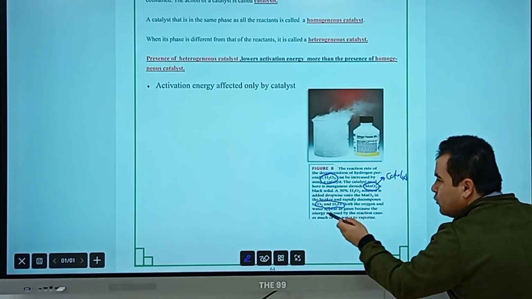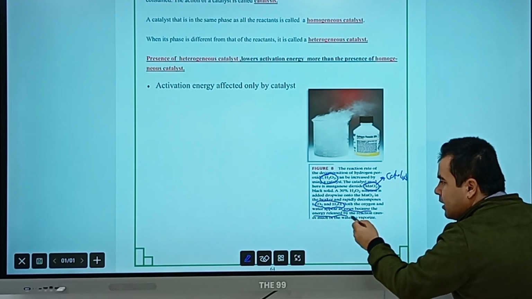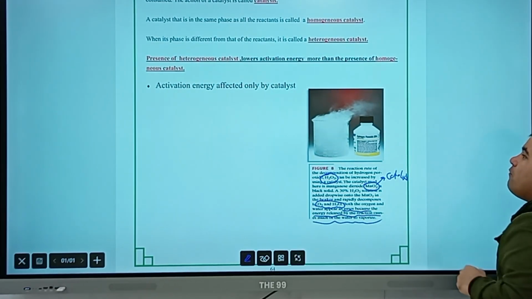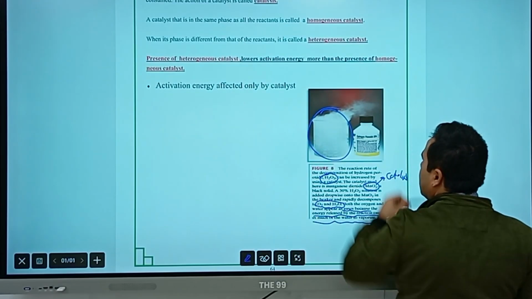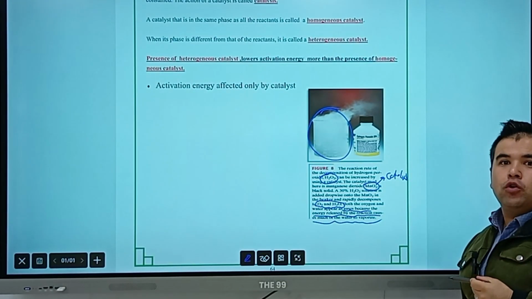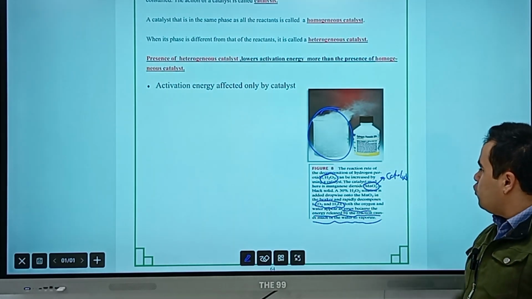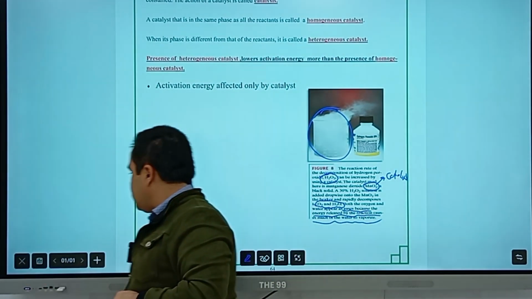Both the oxygen and water appear as gases because the energy released by the reaction causes much of the water to vaporize. In this figure, we use MnO2, which is a catalyst, to decompose H2O2 much faster.